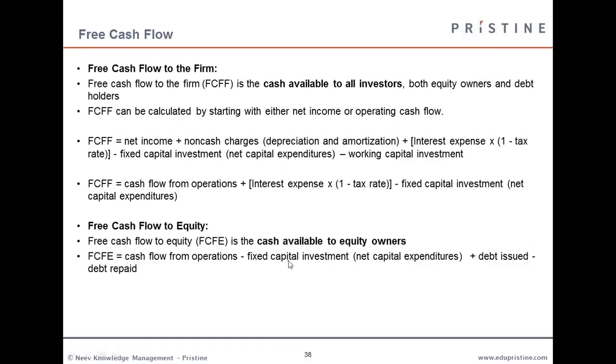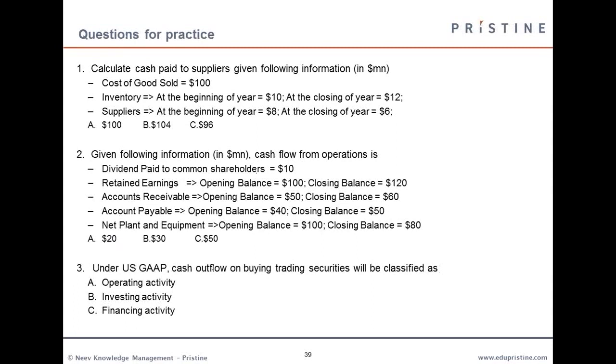Similarly, to get FCFE, additionally you take care of the debt. You take the difference of debt issued and the debt repaid. Basically, this eliminates the debt portion and only has the equity portion. So that's the free cash flow to equity.